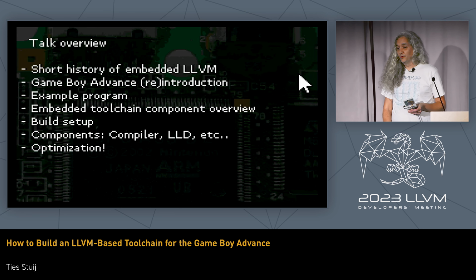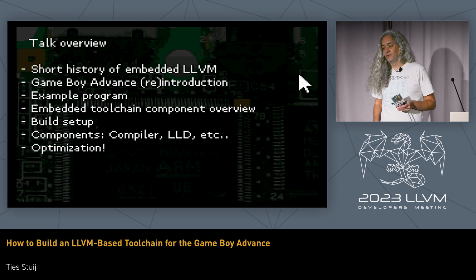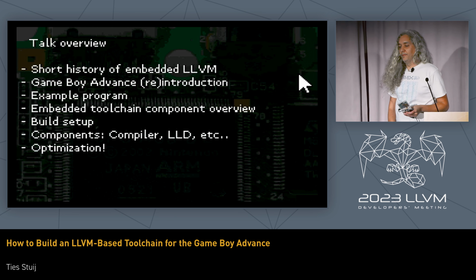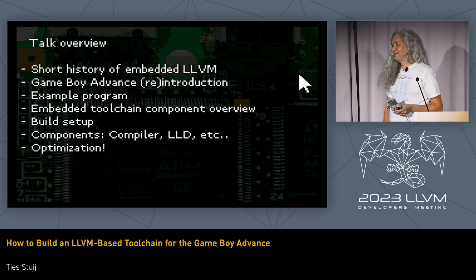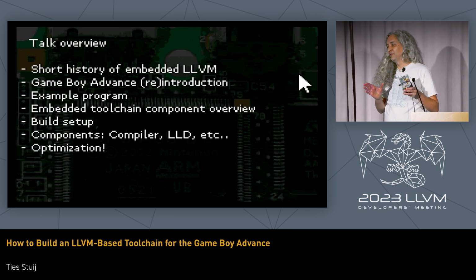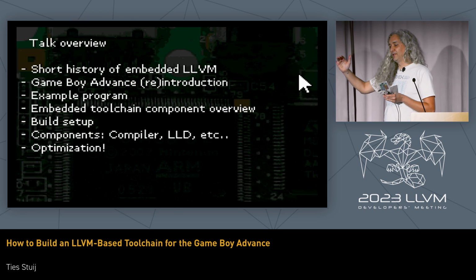A little bit of an overview of the talk. After this, a short history of where embedded is in LLVM. A little bit of an introduction, or for some people a reintroduction, to the Game Boy Advance. We'll do an example program and show how we compile it, slowly building it up.